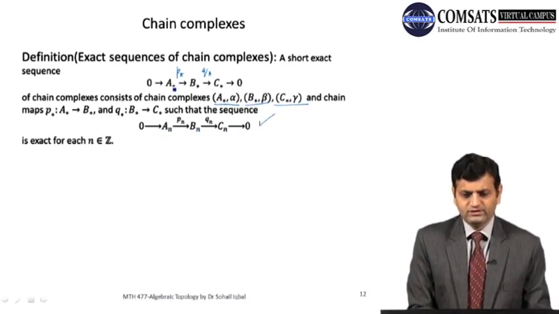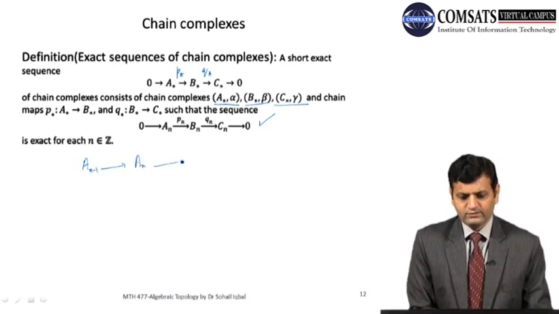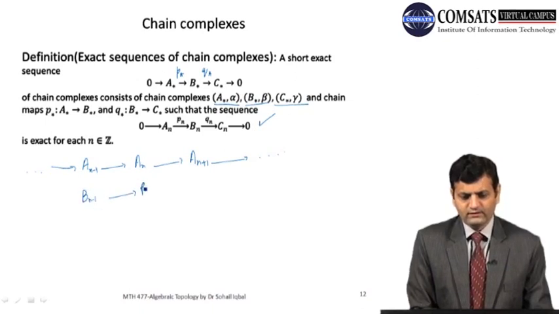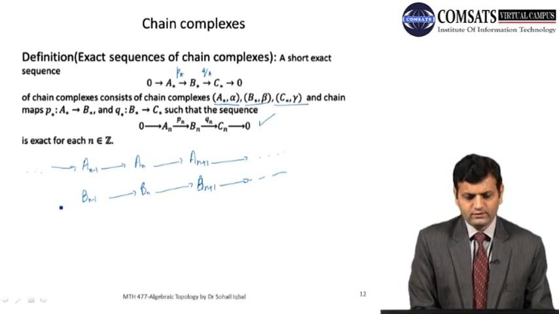Okay, so in chain complex A star, I have elements An minus 1, An, An plus 1, and so on. Similarly, I have Bn minus 1, Bn, Bn plus 1, and so on.